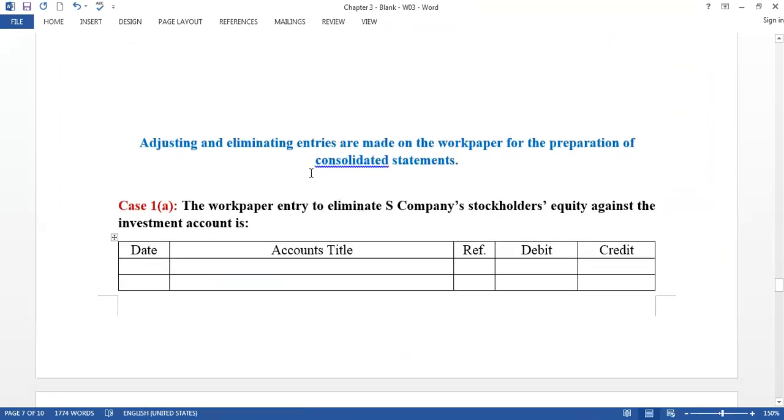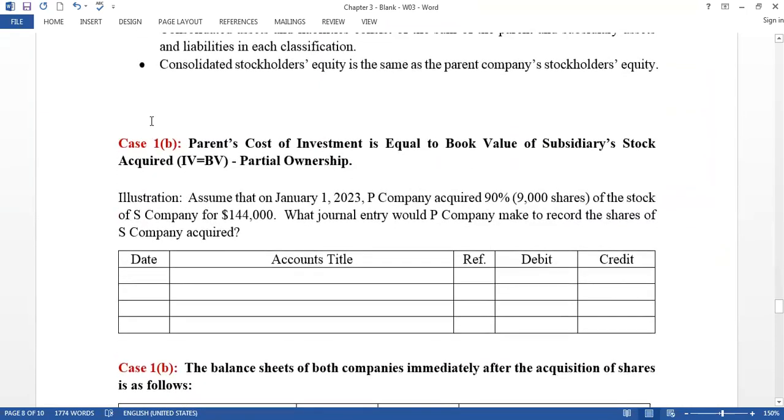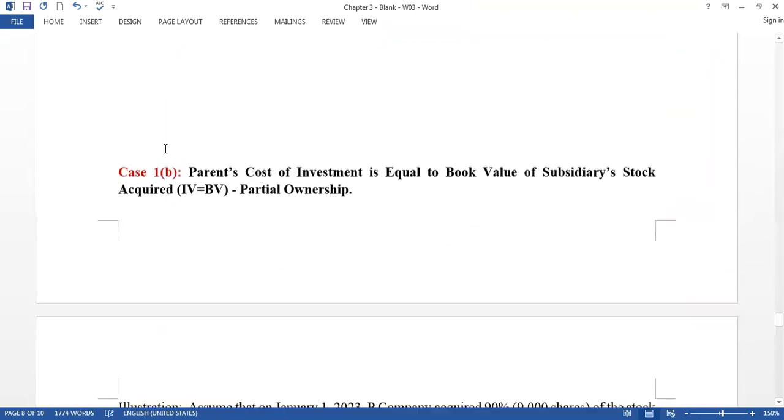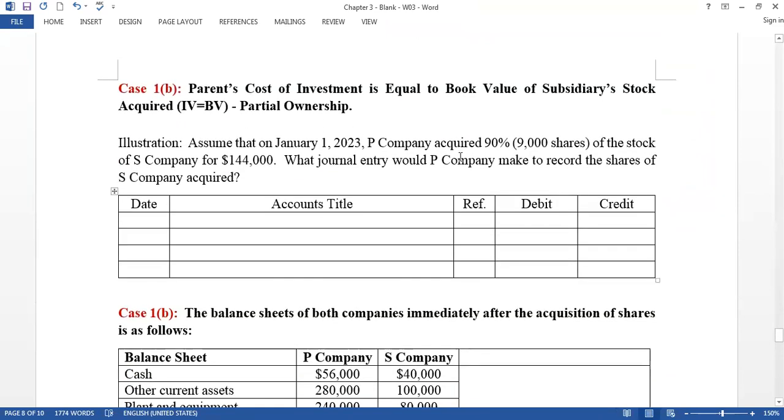So let's talk about another question. So question 1B. So another case. You acquire 90% of this company, not 100%. And this is your payment.